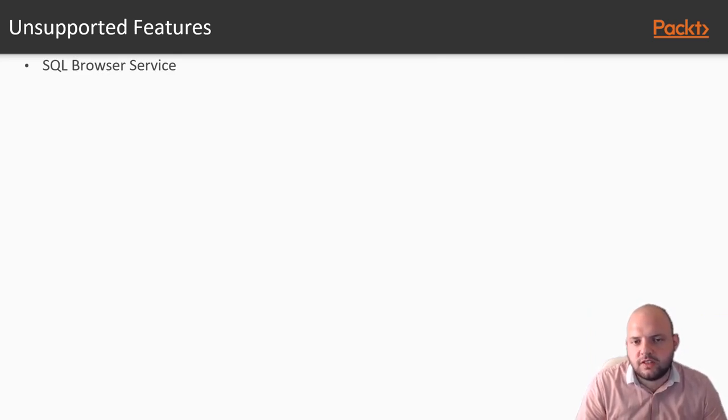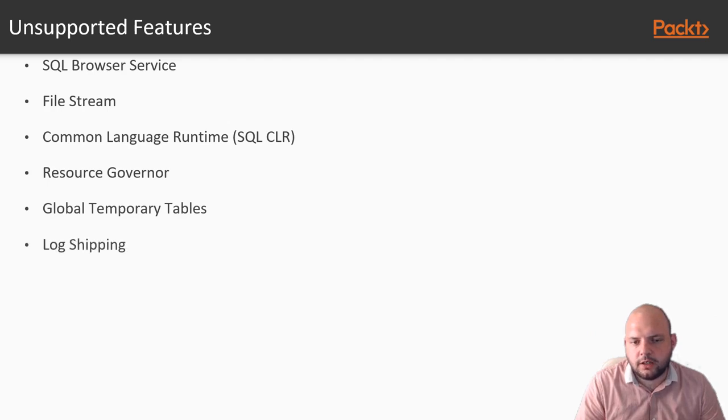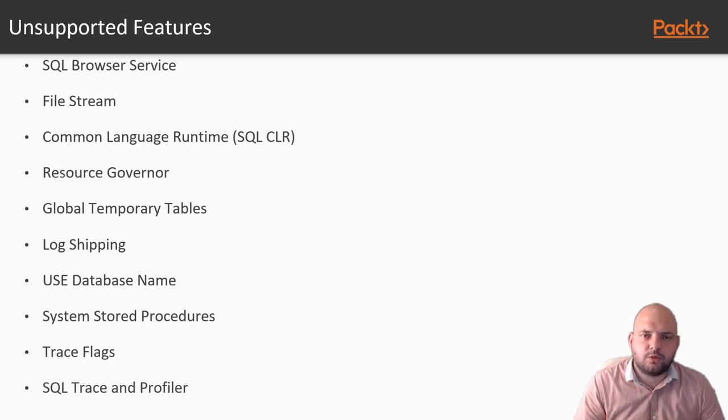These include the SQL browser service, file stream, common language runtime or SQL CLR, resource governor, global temporary tables, log shipping, the use database name statement, system store procedures, trace flags, and SQL trace and profiler.